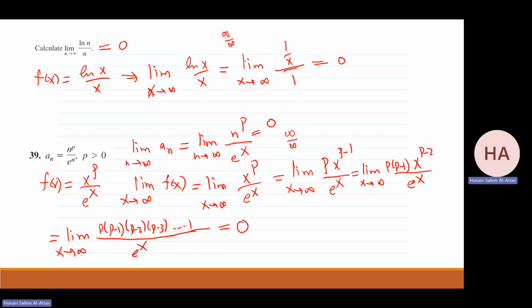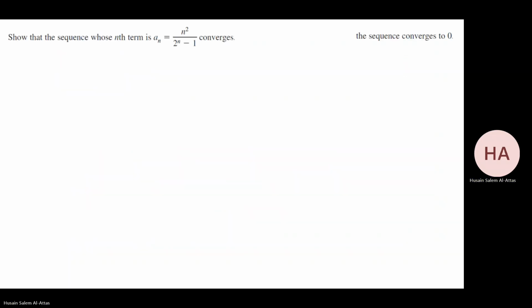I will do it again and again until I get rid of x. So if I have x squared, next time I have x, then I have 1. That gives me a number over e to the power infinity, which is infinity. So a number over infinity, for sure it will be 0. A big number, who cares? Over infinity, for sure it will be 0.